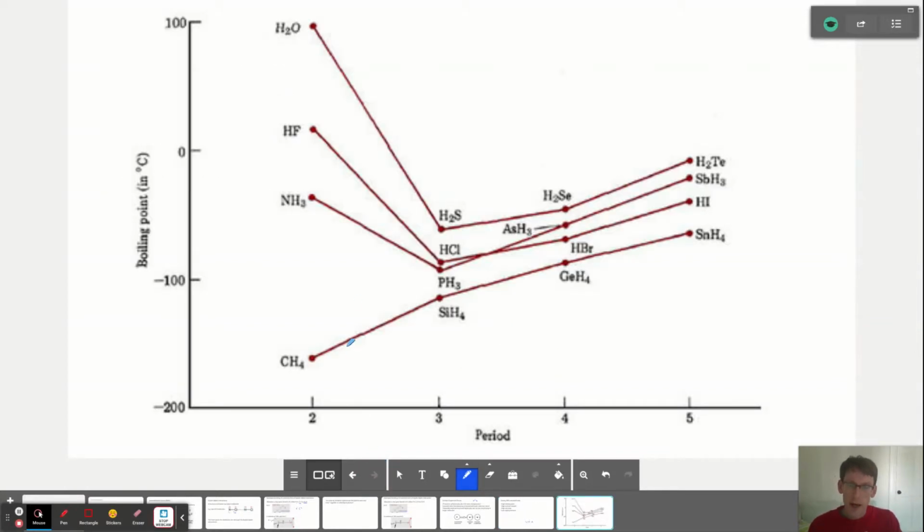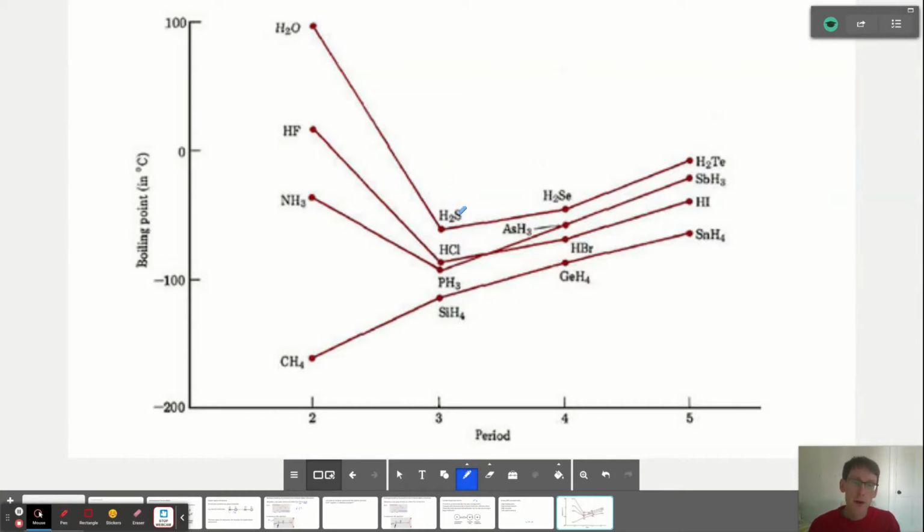Finally, I do want to point out some trends that we have here. Notice that in the case of H2S, H2Se, and H2Te, these are the hydrogen chalcogenides. S, Se, and Te are all in the same group. They're all group 6, as is oxygen.